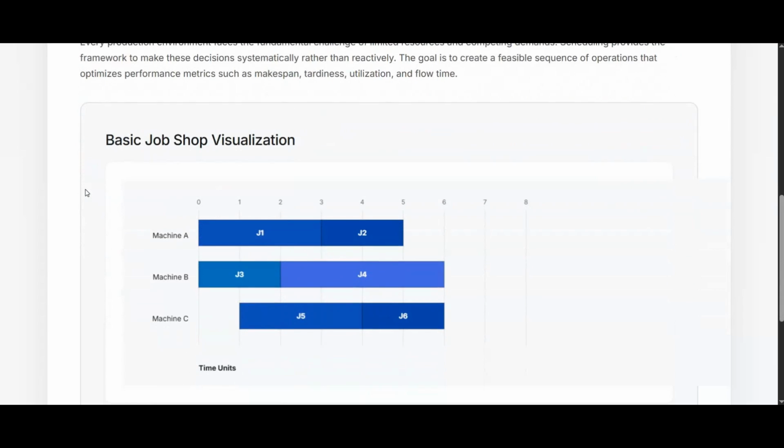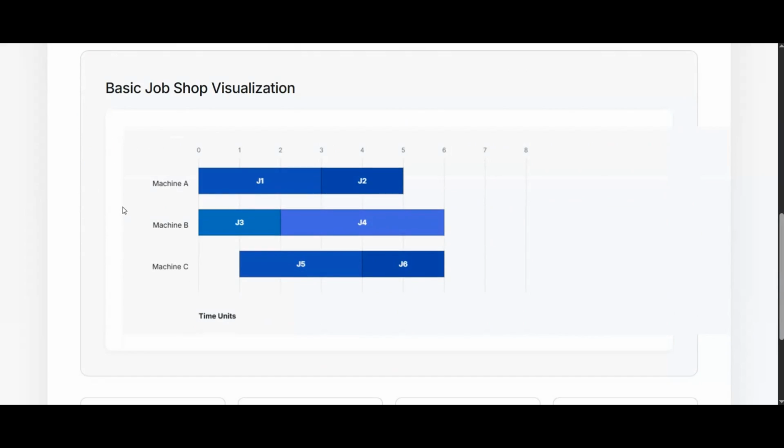Alright, now looking at this chart here, we have what's called a basic job shop visualization. You can see different jobs labeled as J1, J2, and so on, at machines A, B, and C. The horizontal axis represents time.